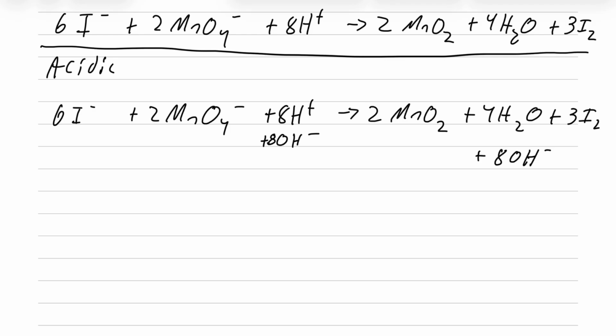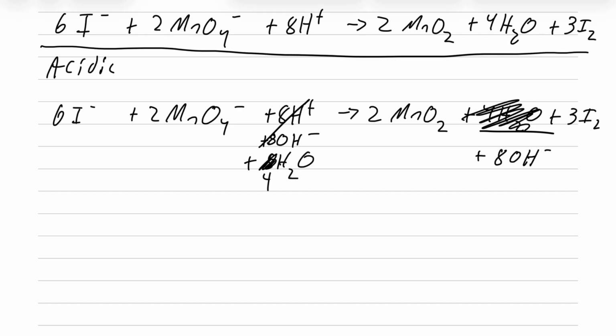These will become 8 water, so I will just replace it with 8H2O. But we already have water on the right over here, and as you know, things that are shared on the left and right can be canceled. So in this case, we get rid of all of the water on the right, and we reduce this by the amount we canceled, by 4. So now we just have 4H2O on the left.